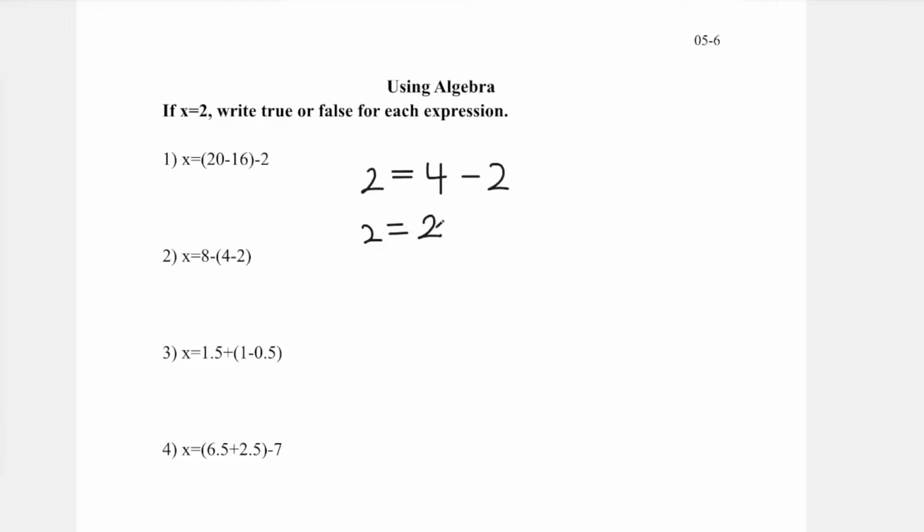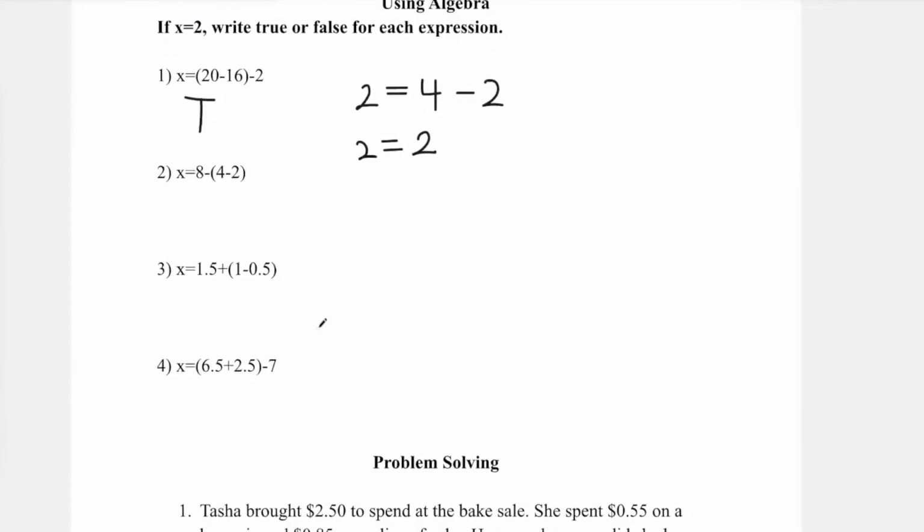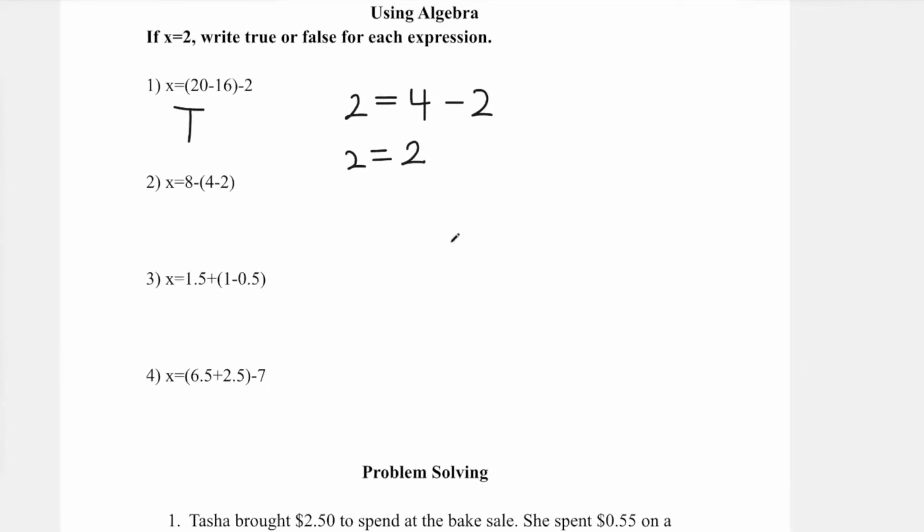And 2 equals 2, so number 1 would be true. And number 2 equals 8 minus 4 minus 2 is 2. 8 minus 2 is 6. 2 is not equal to 6, so this would be false.